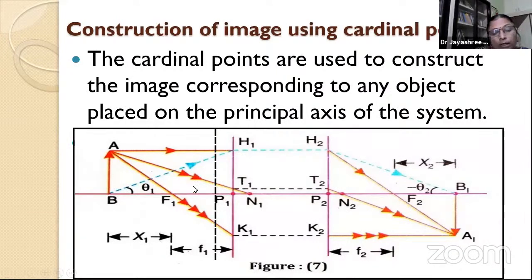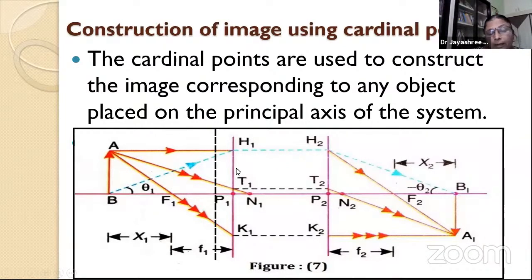What is the construction? That is the ray AH1, drawn parallel to the axis, touching the first principal plane at the point H1. So the ray AH1 is drawn parallel and touches the first principal plane at the point H1.